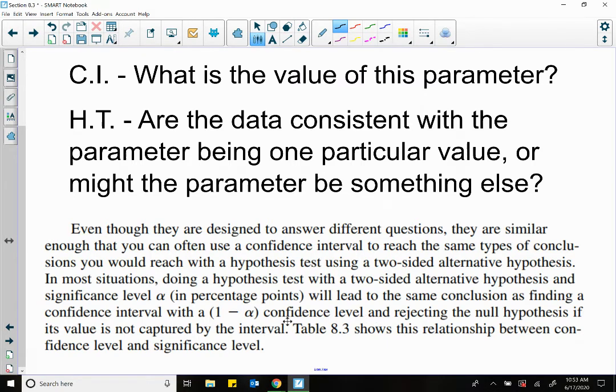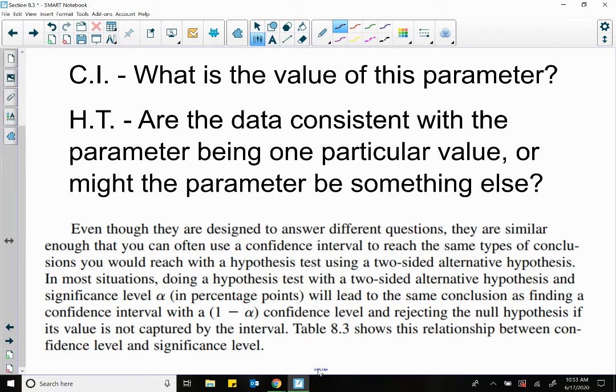If the null hypothesis is not in that interval, then you will reject the null hypothesis. So that's how they're closely related, because it's just like a two-sided tail.